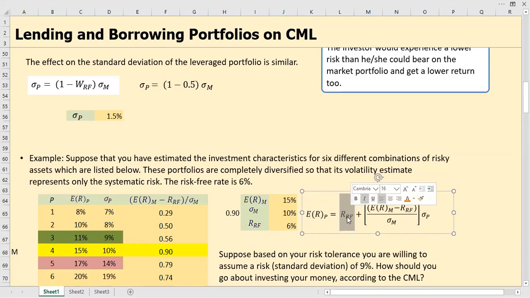So we cannot estimate the expected return of an individual asset where we have both unsystematic and systematic risk, using the capital market theory. So that is basically the limitation of the capital market line.